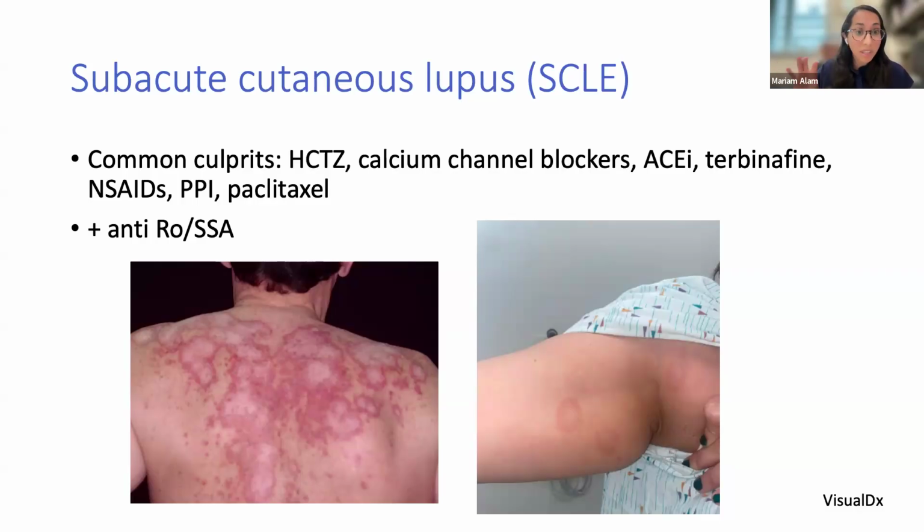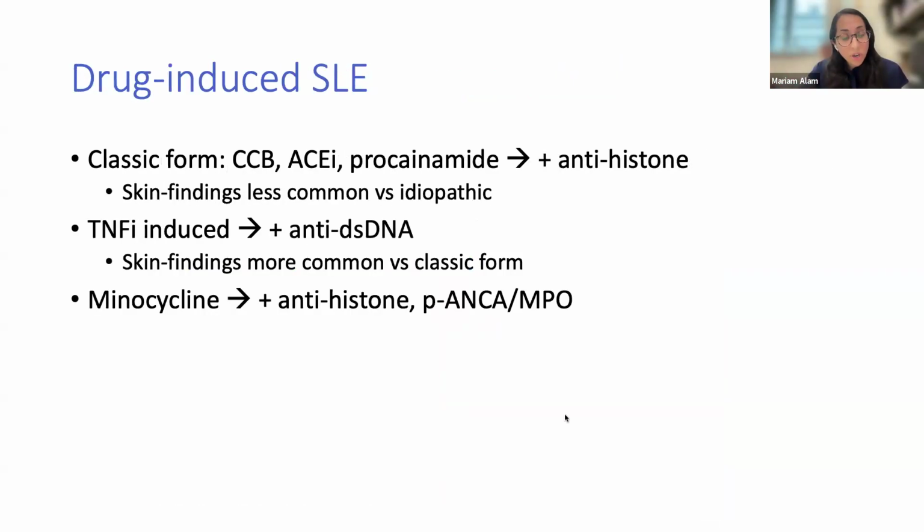So you'll notice there's a bit of a theme with these antihypertensives being big culprits for a lot of these drug reactions. These patients are often anti-Ro and SSA positive, and many of them will go on to develop lupus, like 80%, but not all of them. This is different from drug-induced systemic lupus, which is caused by different medications and often has a different antibody profile as well.